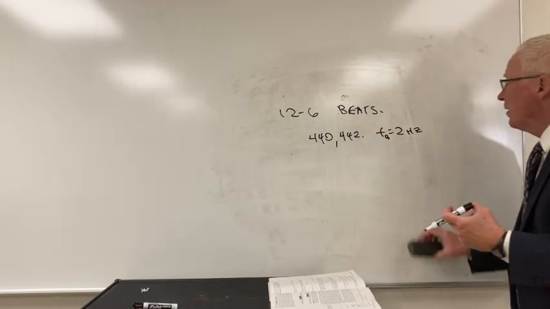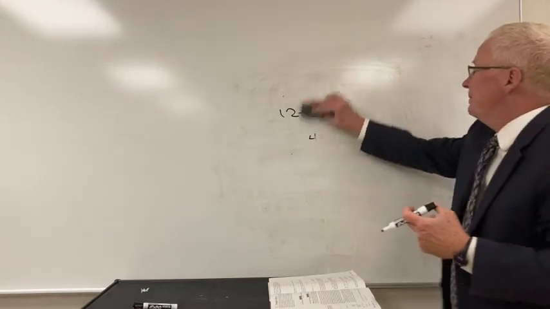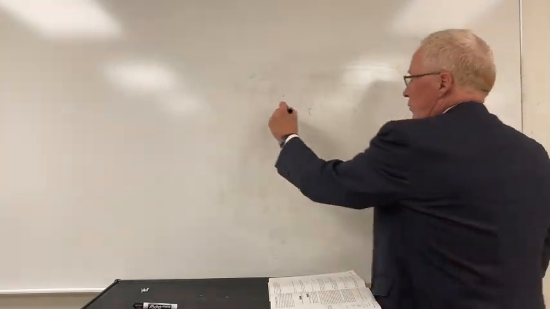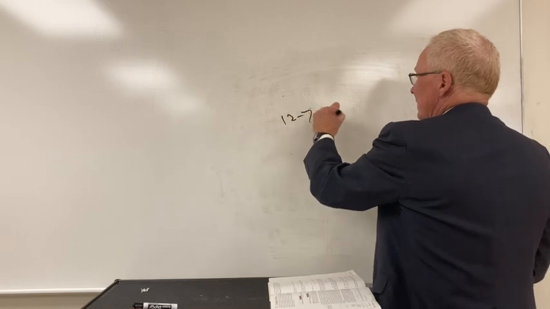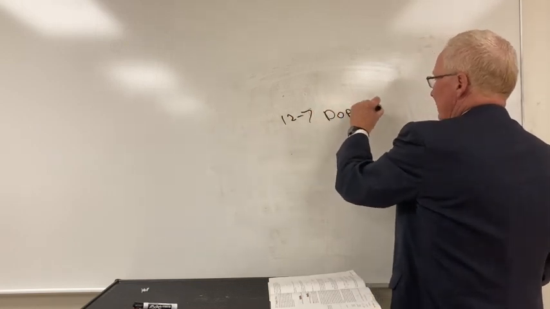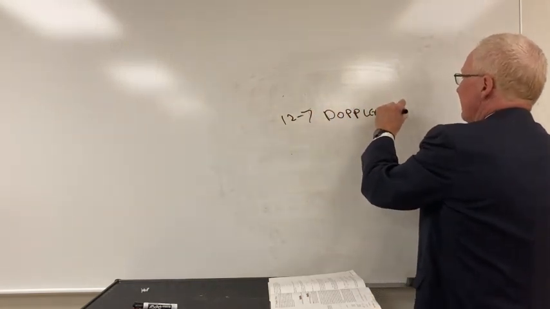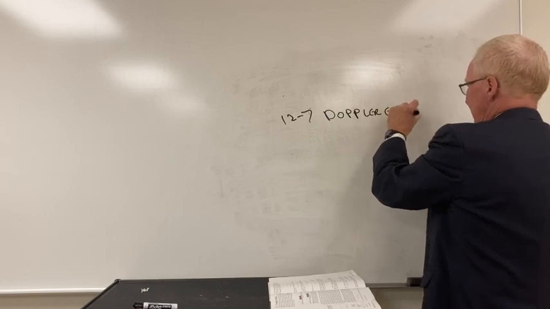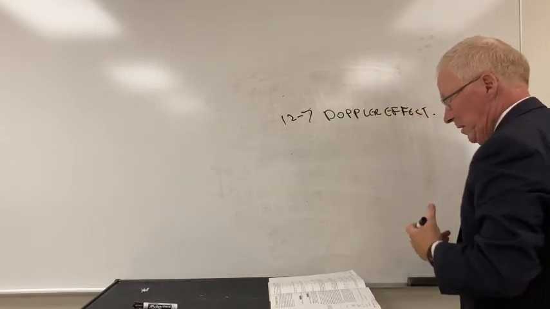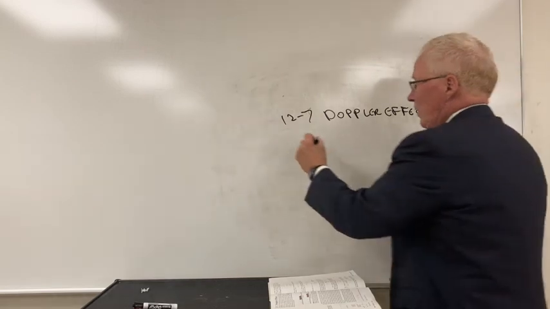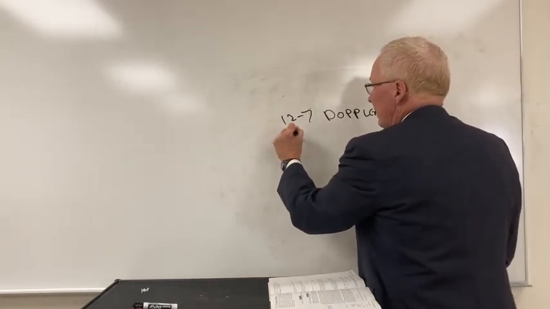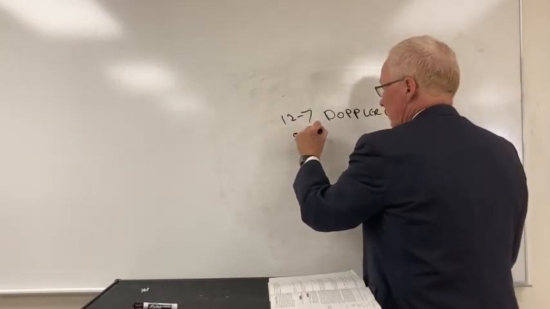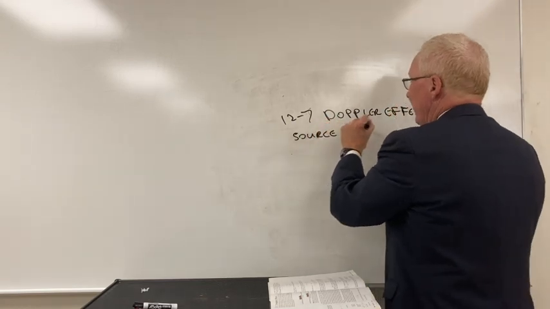Then the last part, section 12.7, is the Doppler effect, right? And again, we had the two formulas for either source and observer.